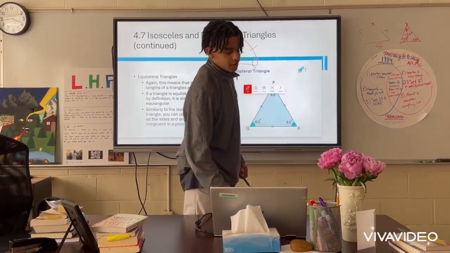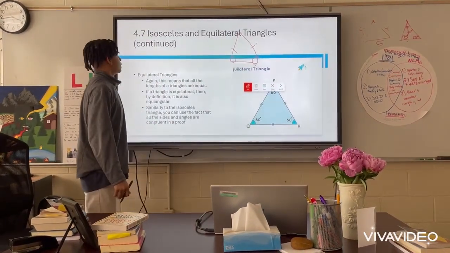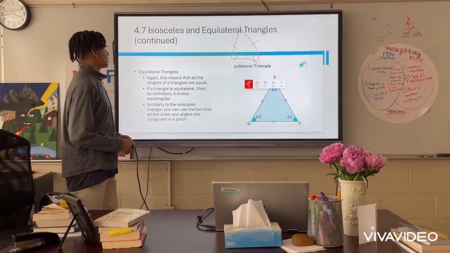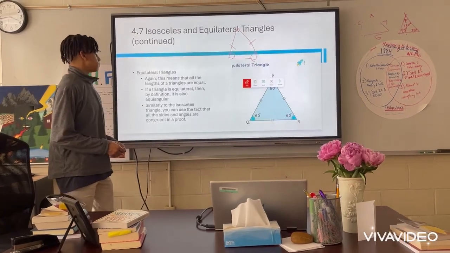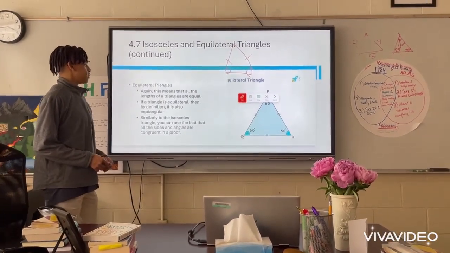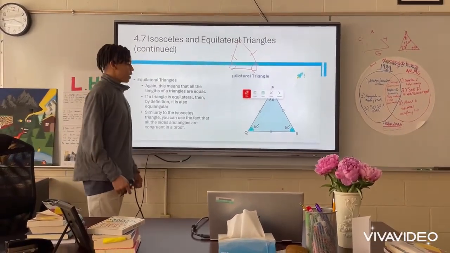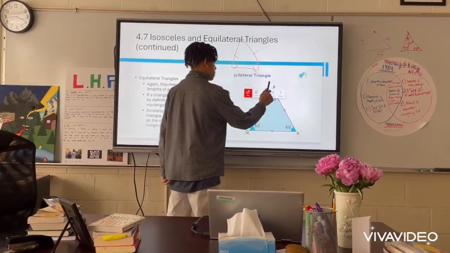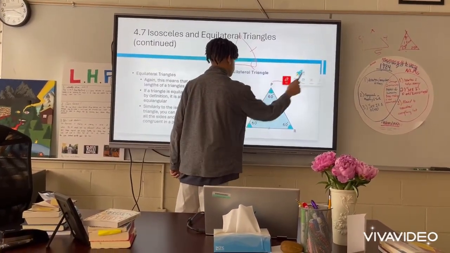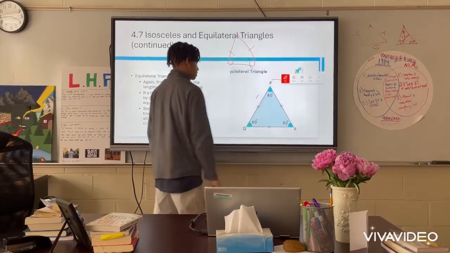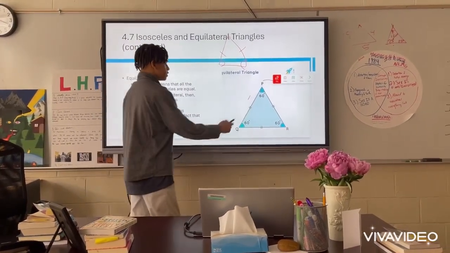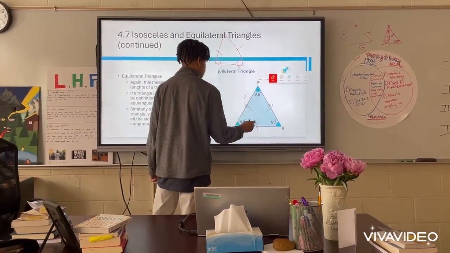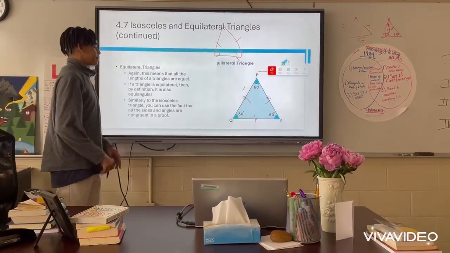And then the next one is on equilateral triangles. Equilateral triangles, again, means that all the lengths of a triangle are equal. So this shows an equilateral triangle and all lengths are congruent to each other. So this is congruent, and that is congruent.